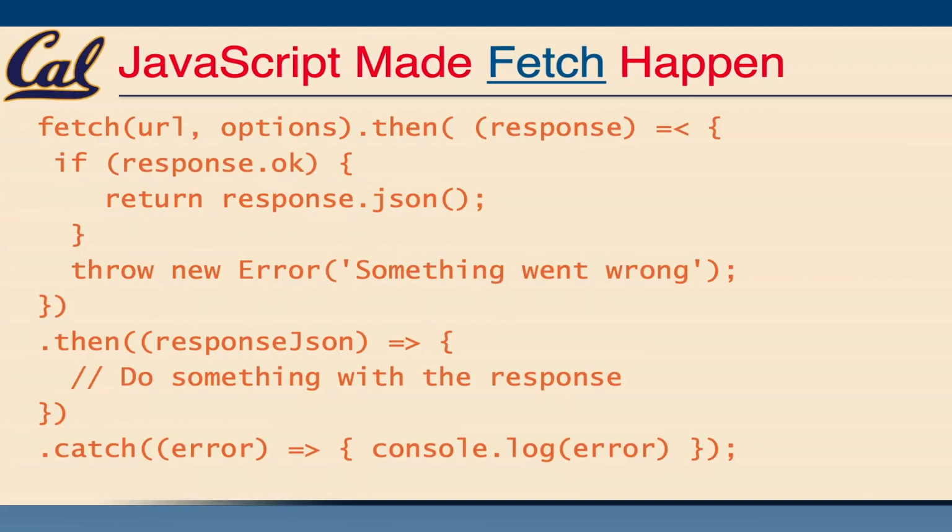So JavaScript did make fetch happen. And the fetch API is in modern browsers, and it's actually really nice. It's something that works with callbacks in a different way, but we pass it a URL and options. And then we use what JavaScript calls promises, or essentially chaining callback functions, such that we say, fetch this thing, then asynchronously call a function that checks if the response is okay. It can handle an error.